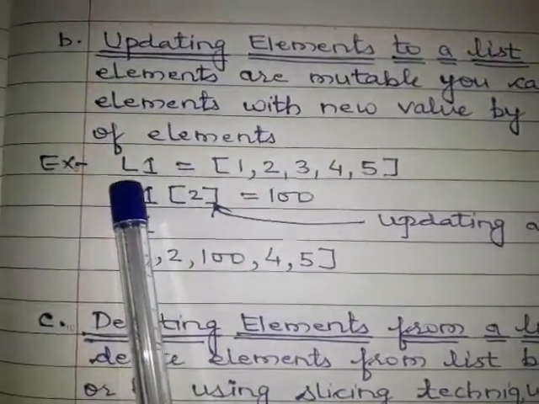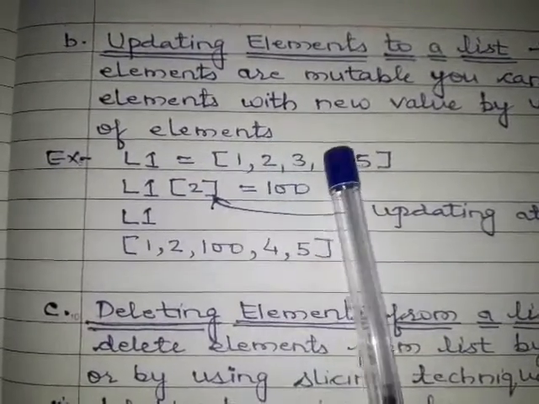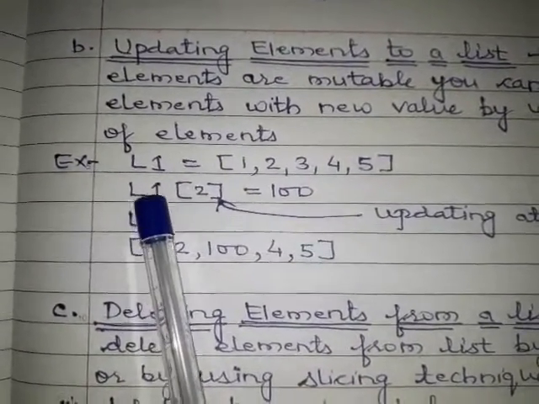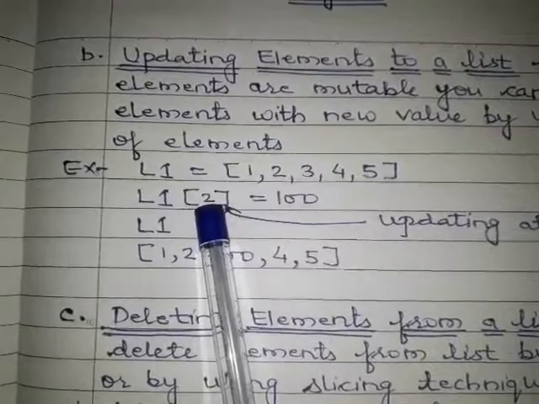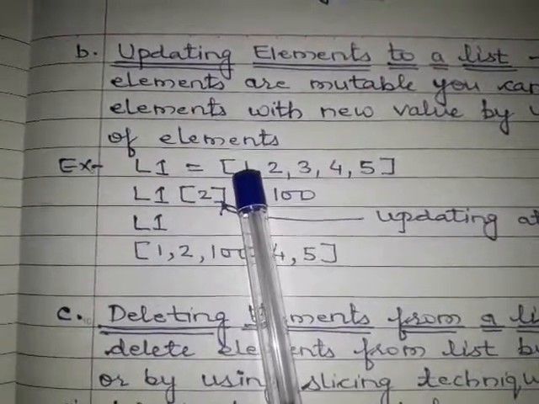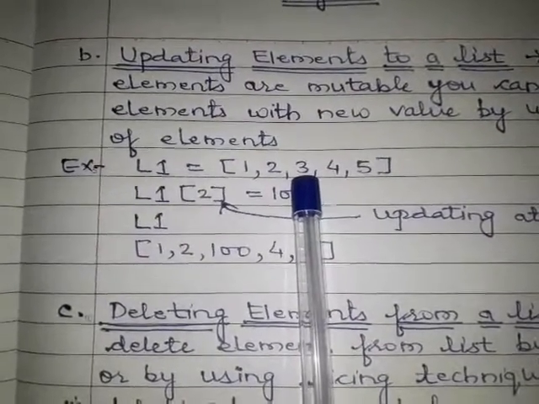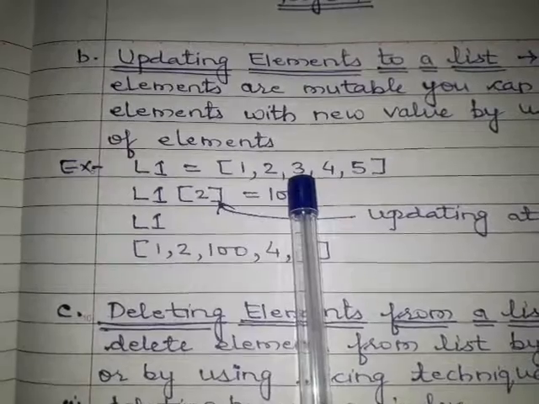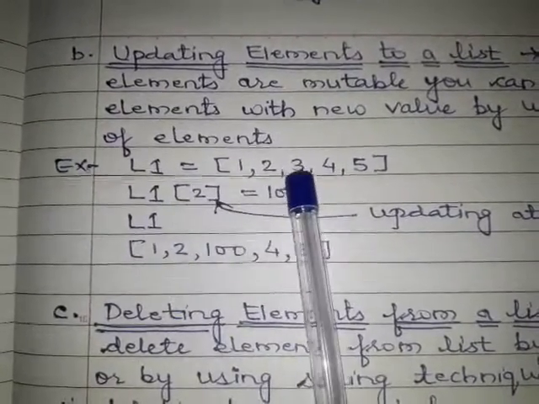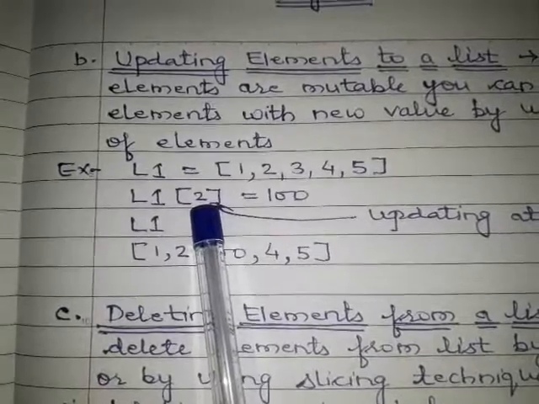Let's see. L1 equals a list of 5 elements, 1 2 3 4 5. Now L1 at index 2, I am going to change the value at index 2. Index 2 is 0 1 2, which means the position of 3. So I am replacing this value by 100, because I have mentioned index 2 here.